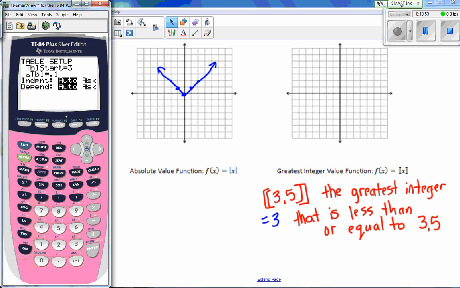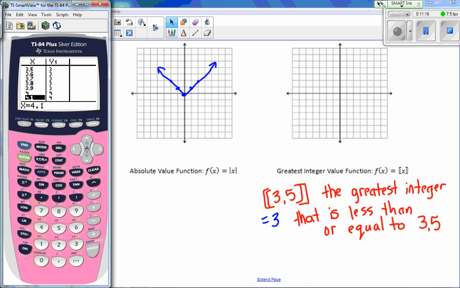Set it to auto and auto because it's going to fill in values for me. Now if I look at my table, notice what's happening. If it's 2 point something, it's always going to go down to 2. And when I get to 3, it jumps up to 3, and it stays at a height of 3 until I get to 4. And then it's going to jump up to a height of 4.